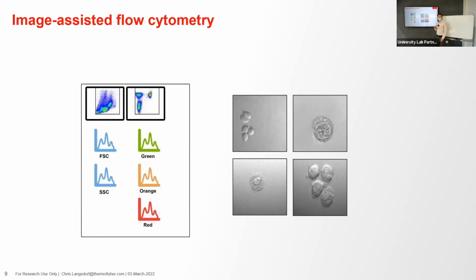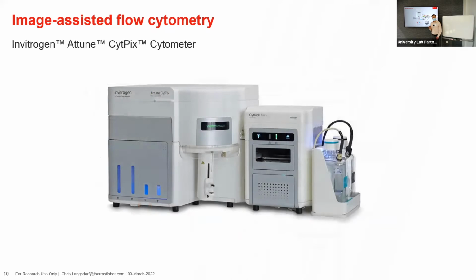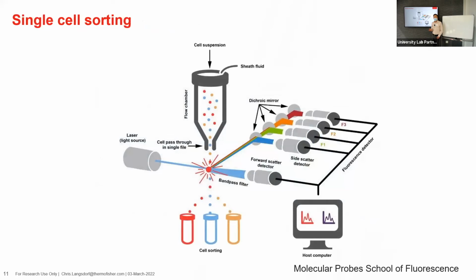So we can definitely chat about that more, but another option, to get one step more complicated: we've been talking about analyzers. Flow cytometers are analyzers. We can also use them to take our cells very quickly, almost immediately do the analysis, and then ask the instrument to sort cells into different containers depending on what markers they express.